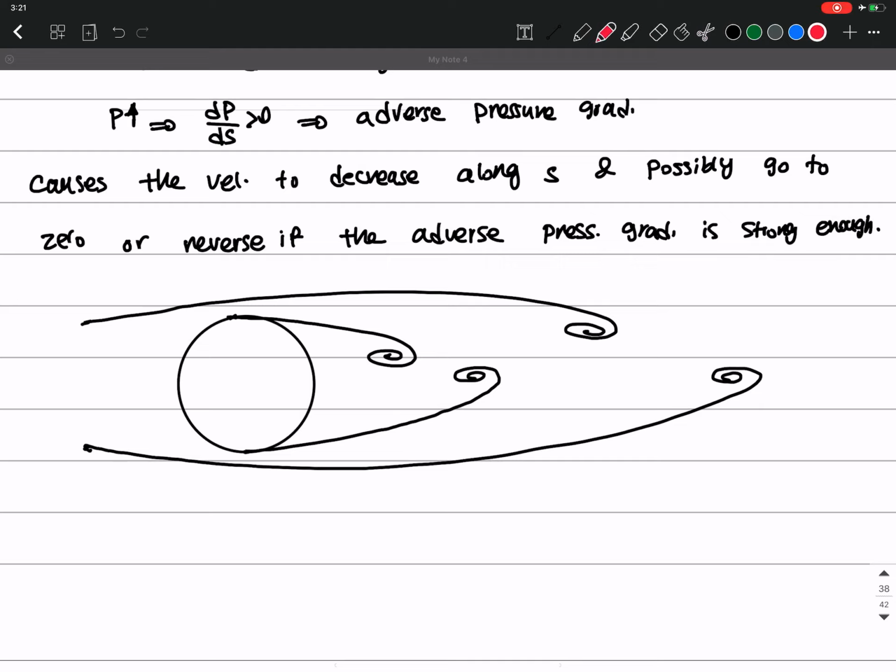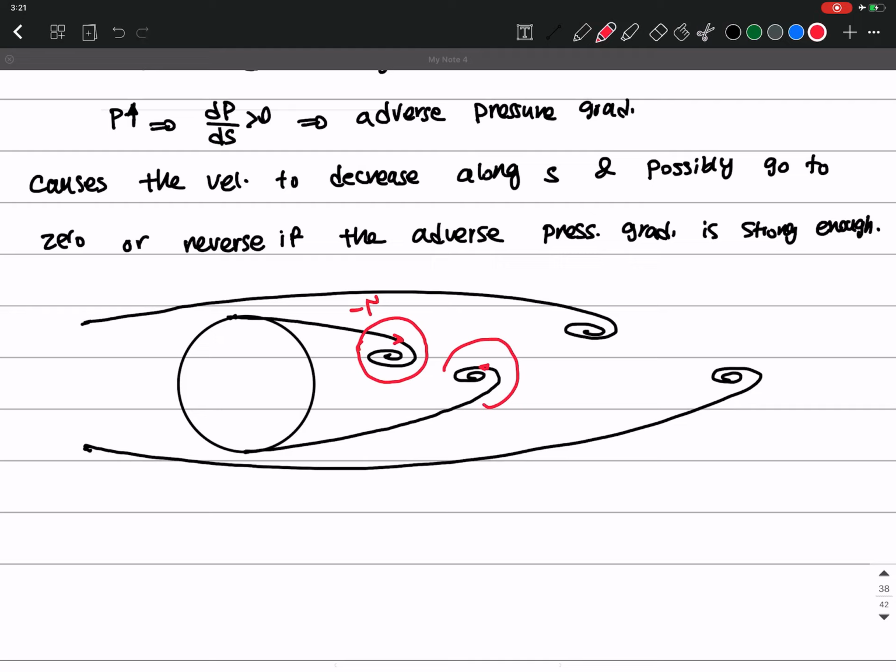And so, for example, this one is going to go around this, so we will have a negative circulation around here. And then this one is going to go this way, so we have a positive circulation, because it's going to rotate this way.